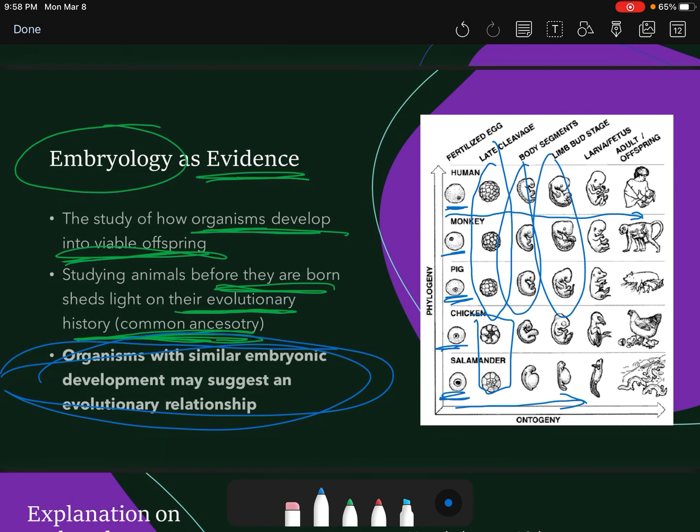That's a common theme, where these 3 look very similar all the way up until they are born, while these 2 down at the bottom look more similar until they are born, and actually pretty much right up until the larva or fetus stage. So embryology as evidence shows that organisms with similar embryonic development may suggest an evolutionary relationship.